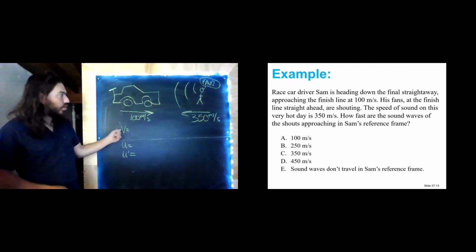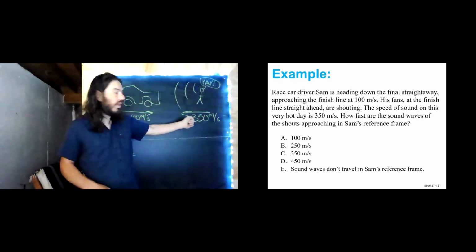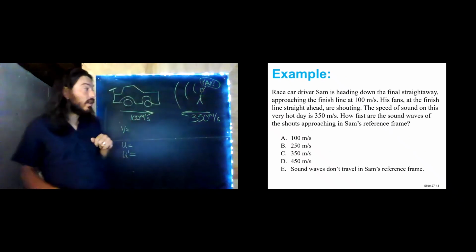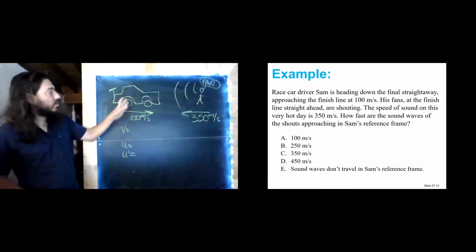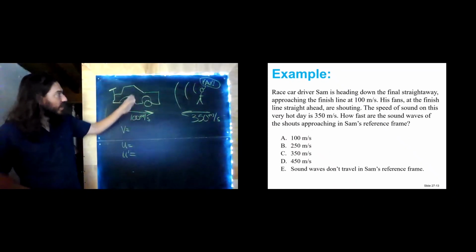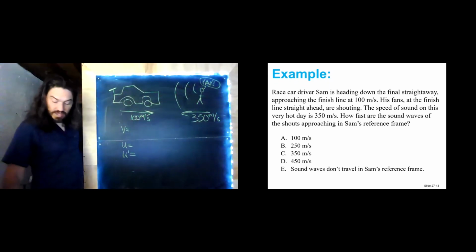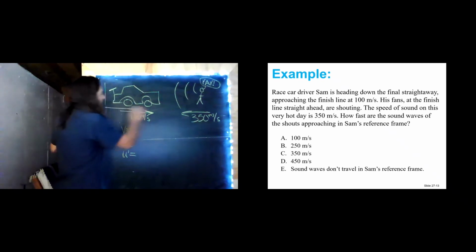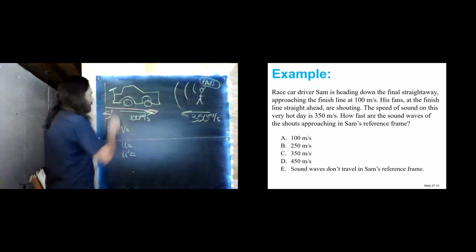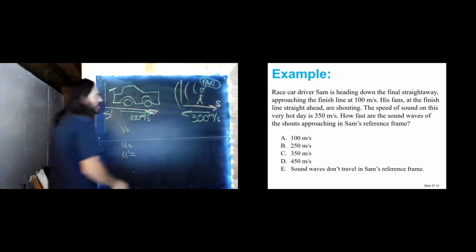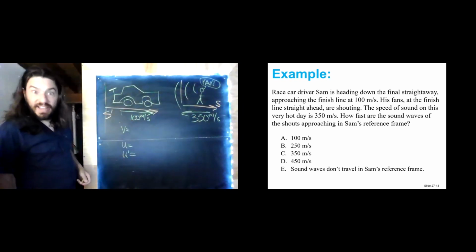Well, we know how fast the sound is moving according to the fans, who are at rest. We want to know how fast it's moving according to Sam, who is moving. Therefore, the S prime reference frame is attached to Sam, and the S reference frame is attached to the fans.